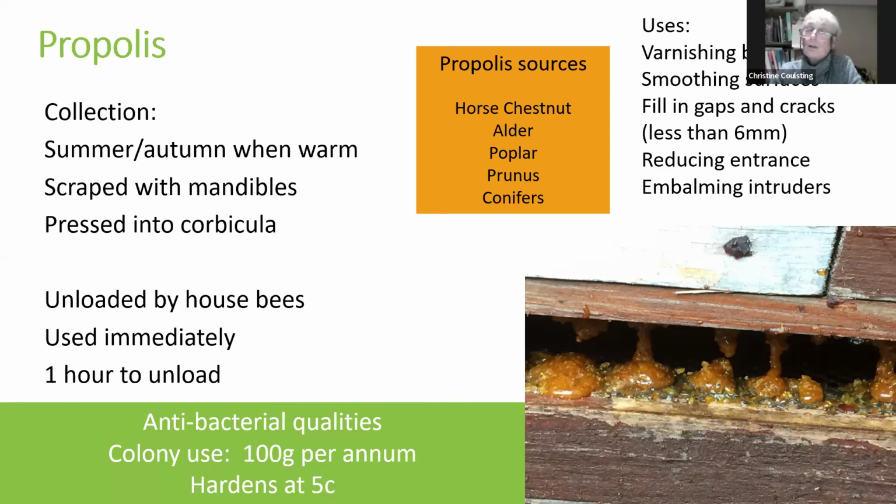An important factor about propolis is that it has antibacterial qualities, so some people do collect it and produce tinctures and that sort of thing from it. And it really does harden at 5 degrees centigrade, so it really will be quite solid then.